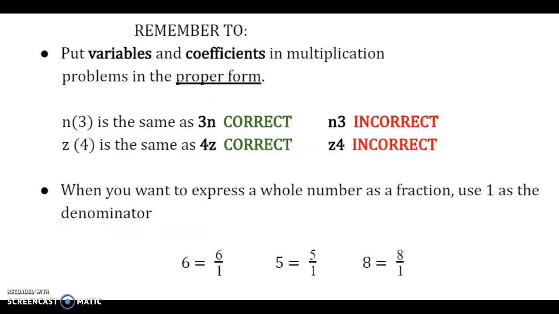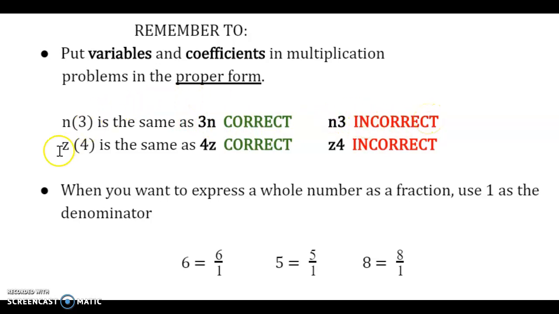There are a few things that I want you to remember before we start working on our new material. I want you to remember to put the variables and the coefficients in the proper form when you're using multiplication problems. Look at my examples. N times 3 in parentheses is the same as 3n. 3n would be correct, and n3 would be incorrect.